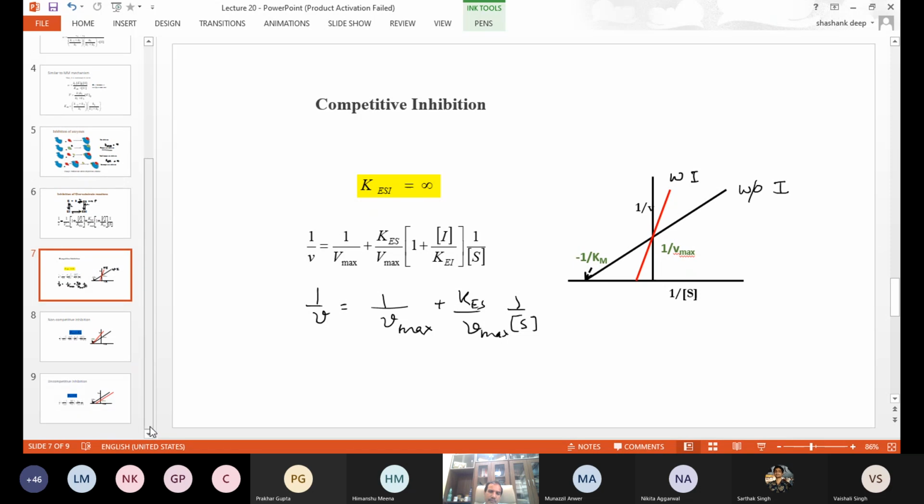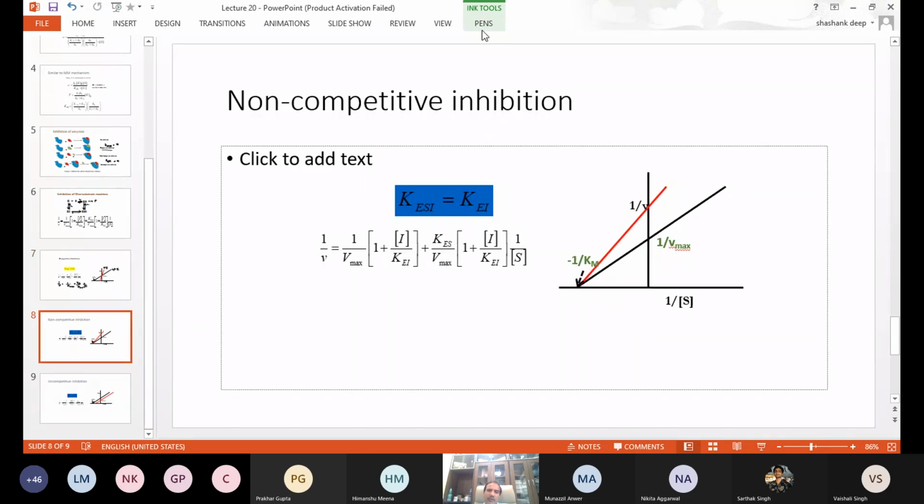Okay, now see this case, non-competitive inhibition, in which the dissociation constant is equal to infinity. Here we have taken one special case, but it doesn't matter.